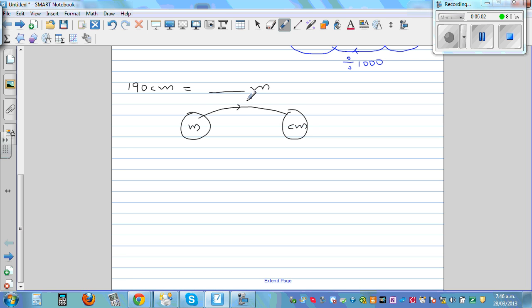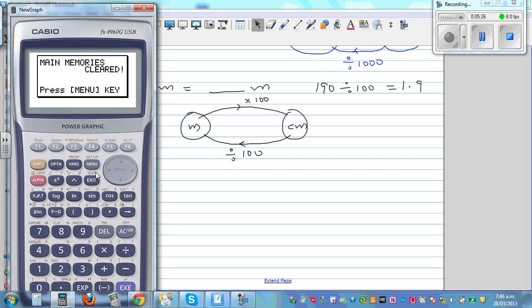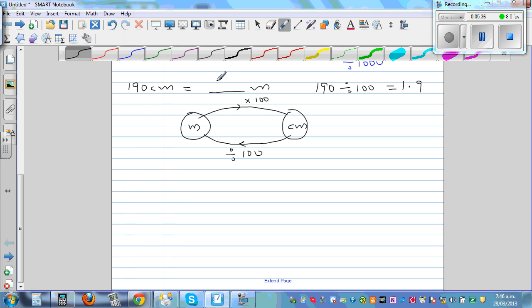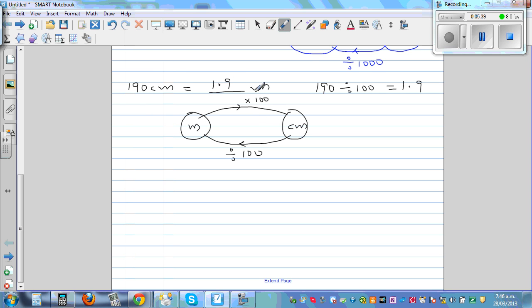So this way you have to times it by 100, and from centimeter to meter, you have to divide by 100. So to answer this, this is 190 divided by 100, which I know is 1.9, but if you're struggling, you can use your calculator. 190 divided by 100 equals 1.9 meters.